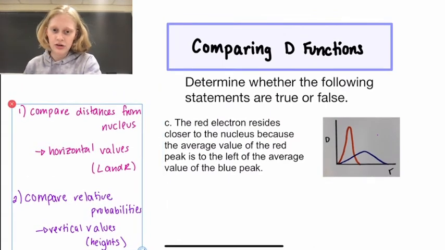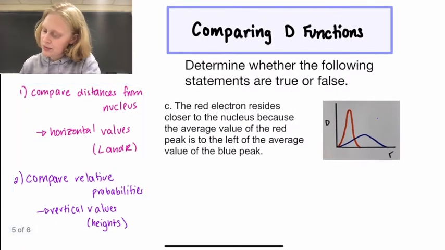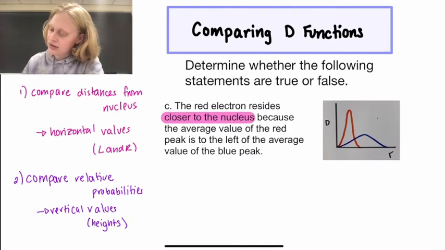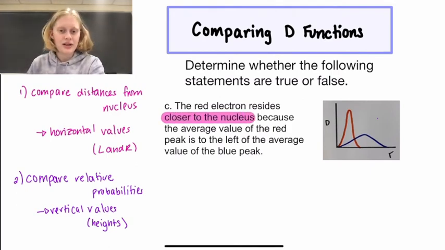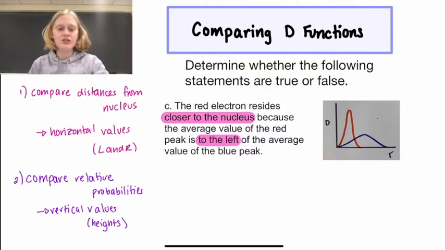Our third statement says the red electron resides closer to the nucleus because the average value of the red peak is to the left of the average value of the blue peak. This statement off the bat looks promising because they're using horizontal values to compare distances from the nucleus.